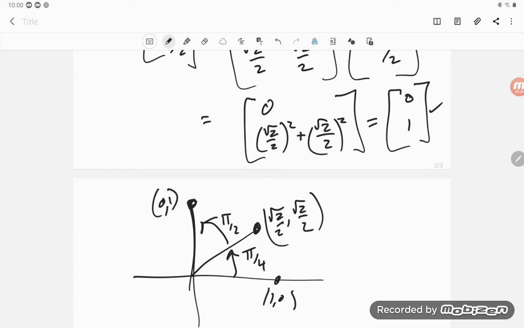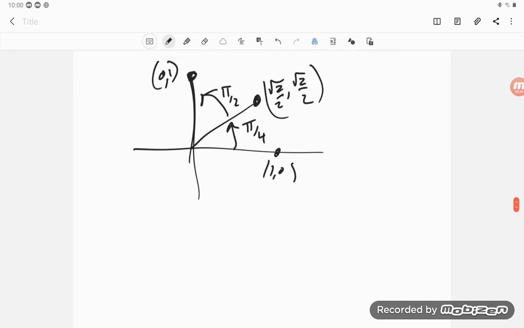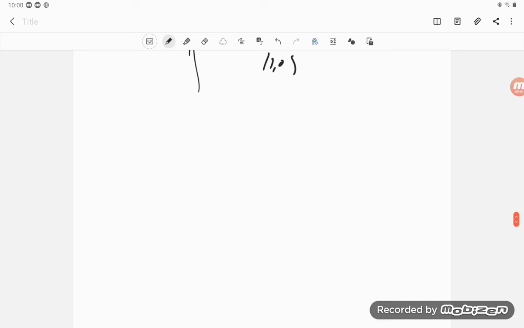Alrighty, so that is the idea of a rotation. And since it's just a matrix multiplication, I know that it's a linear transformation. Now, we can do other things. So, for instance, with the rotation, if I rotate an object, right?